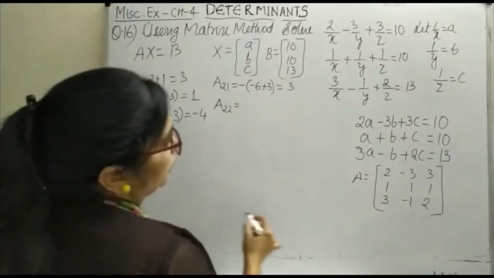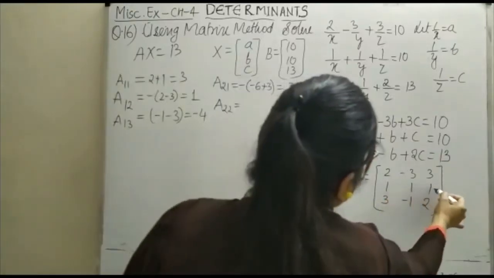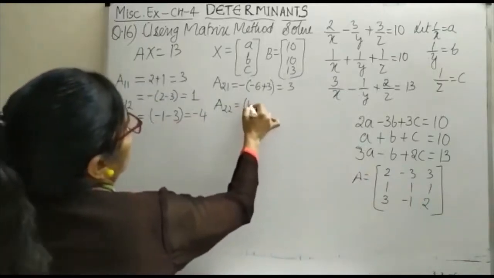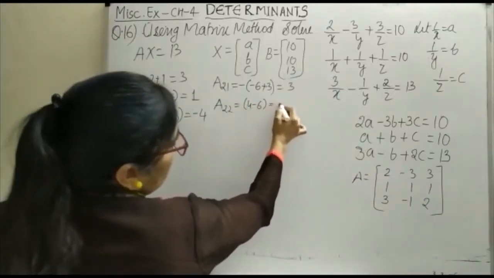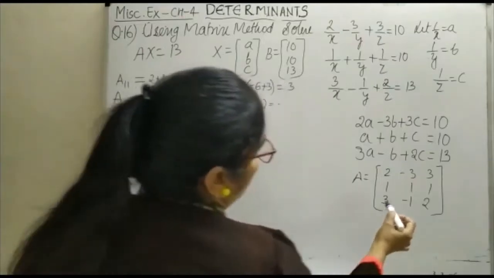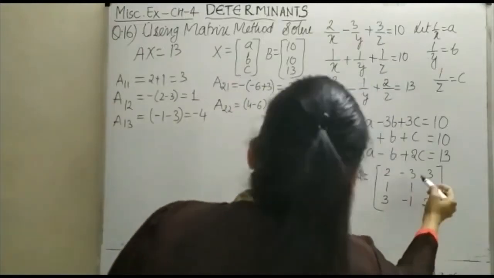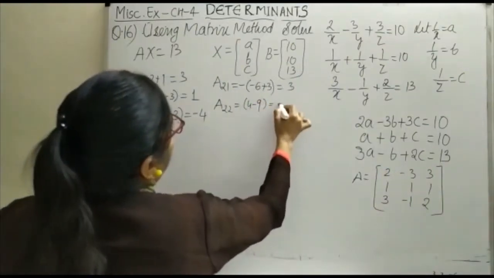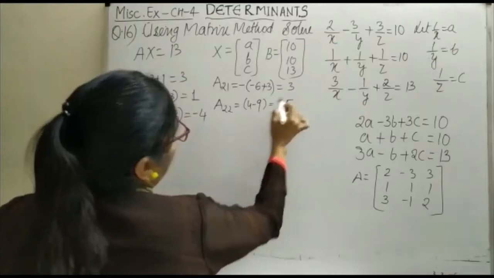A22: exempt the middle row, 2 twos are 4, 4 minus 6, and 3 threes are 9, so we get minus 5.